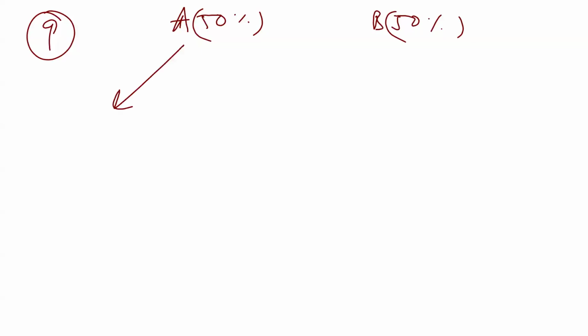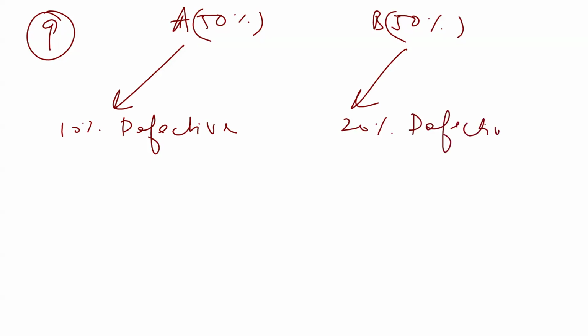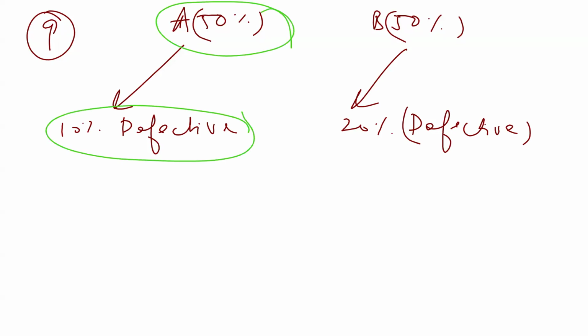Out of this 50% production, machine A produces 10% defective. And out of B producing the remaining 50% of the total production, it produces 20% defective pieces. We need to find the probability that we are getting a defective shoe that was produced by machine A, defective from A.